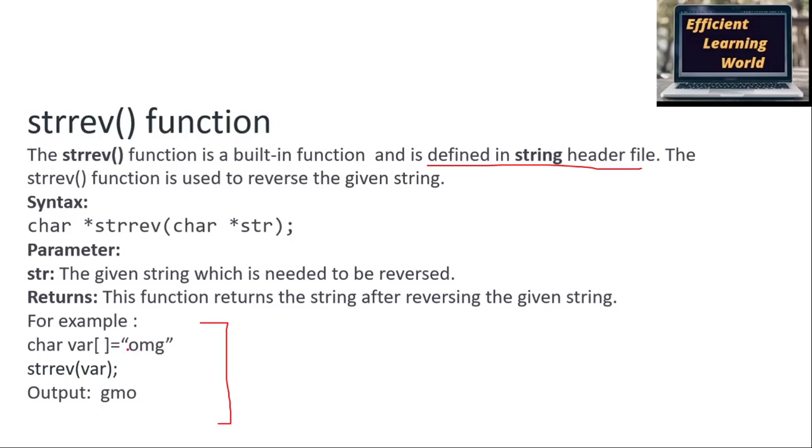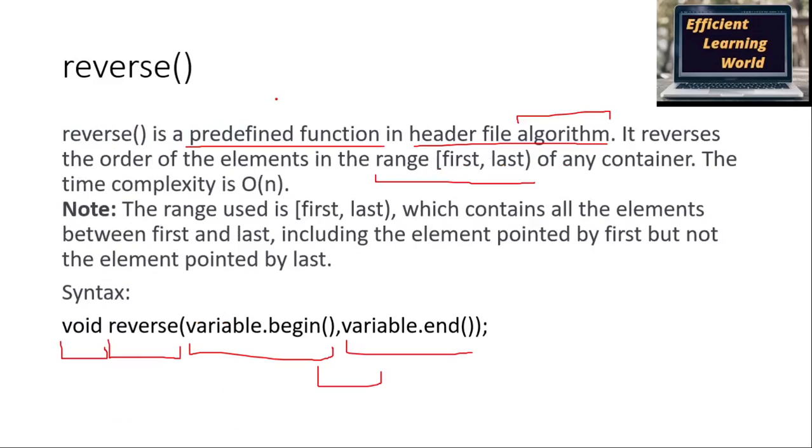I initialize it with omg, and after declaring and initializing this character array I use the function strrev and pass the character array as the argument of this built-in function. After this I will get the output gmo, the reverse of my input string. So to reverse a character array you can simply use the strrev function, and to reverse strings you can simply use the reverse function.